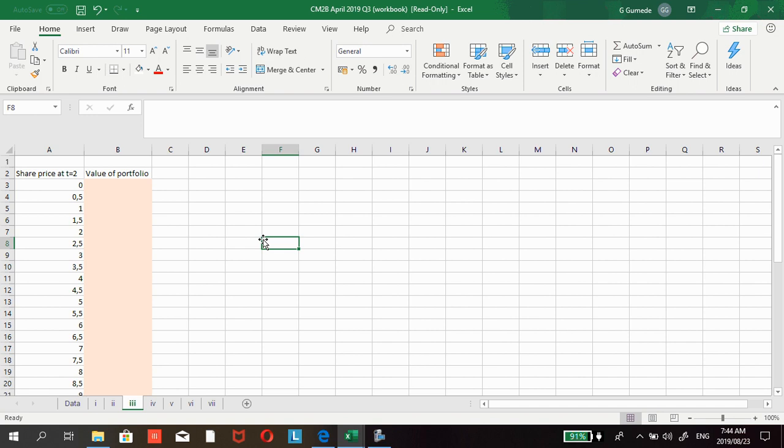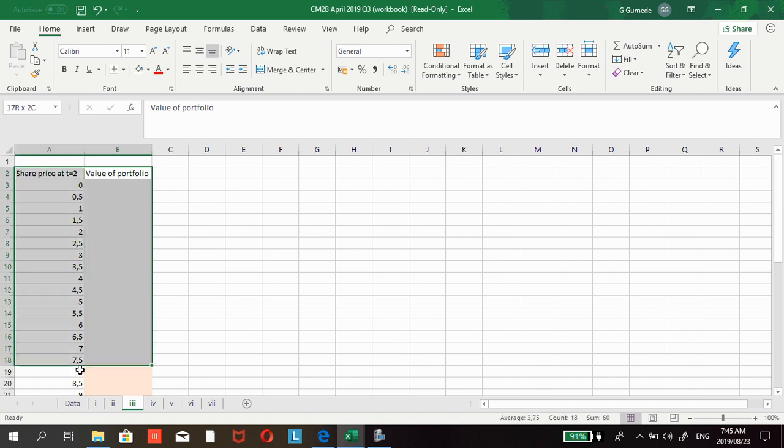Now, I don't know if they were tricking you or something, but you are given the value of the portfolio, but the value of your portfolio at time 2 will be made up of shares, the put option, and the call option. Now at time 2, the investor will get the payoff. Okay, so we need the payoff of the call option and the put option in order to calculate this value.